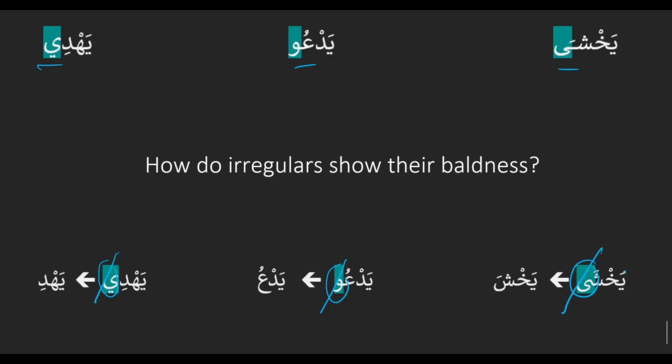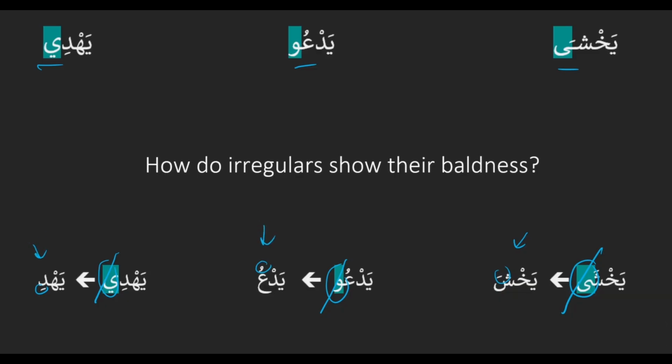For example, yakhsha becomes yakhsha with the alif missing, and what's left is a fatha, the a sound. Yad'u, the vowel is dropped, and what's left is the short u sound. And then yahdi, the ya is dropped, and we're left with the i sound. So if you see a present tense jazm action ending in a, u or i, you know that it's an irregular jazm.